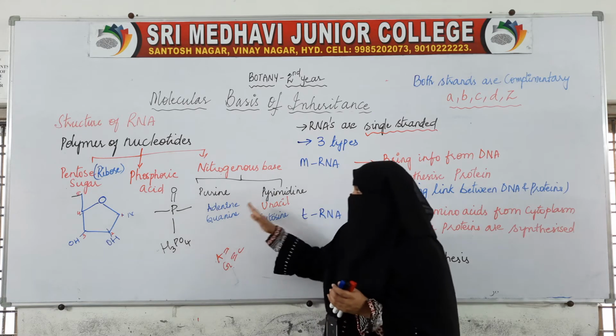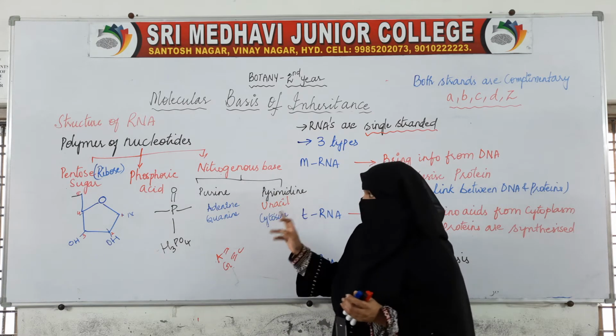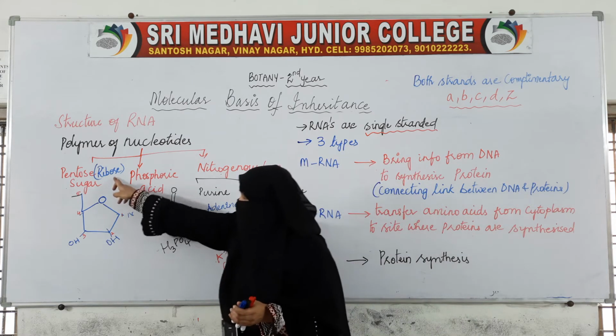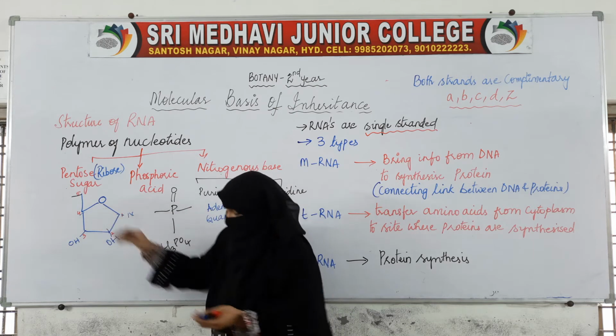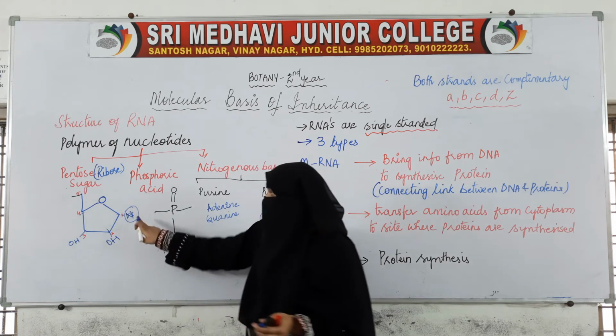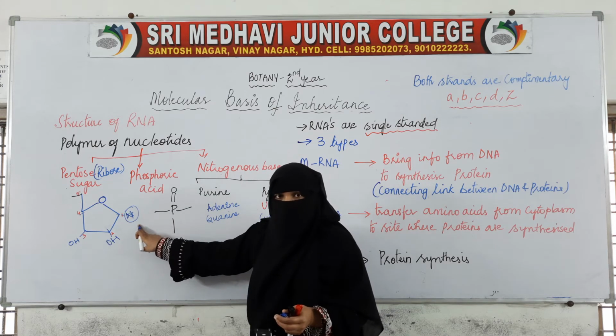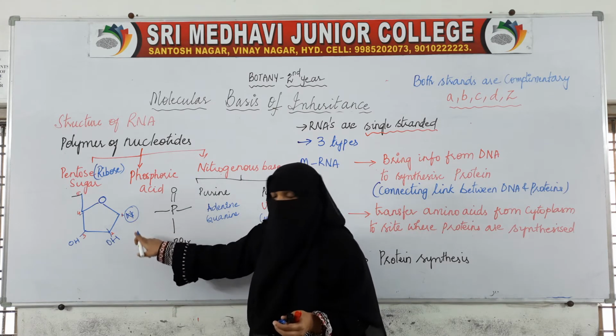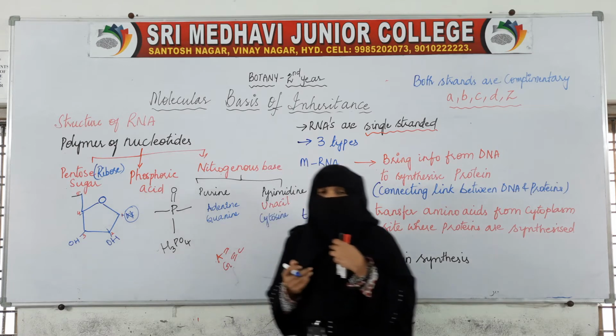So these three together: the pentose sugar, then the nitrogenous base, which can be adenine, guanine, cytosine, or uracil, because there are four nitrogenous bases.